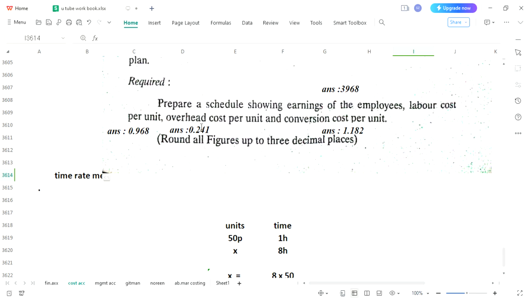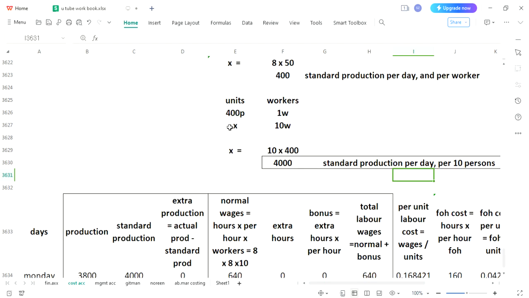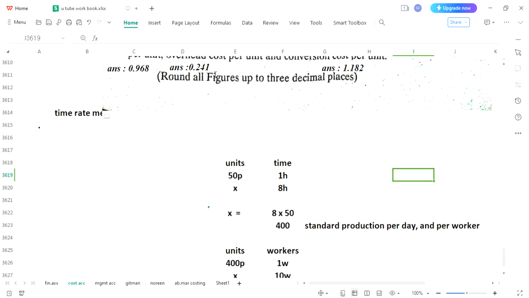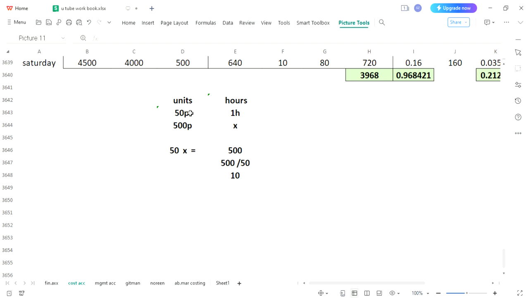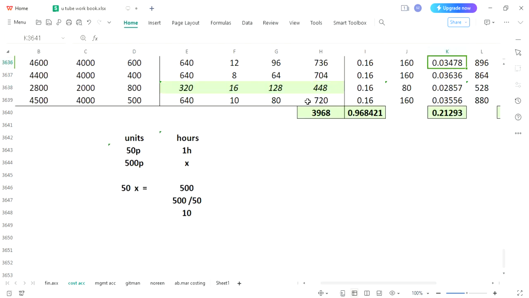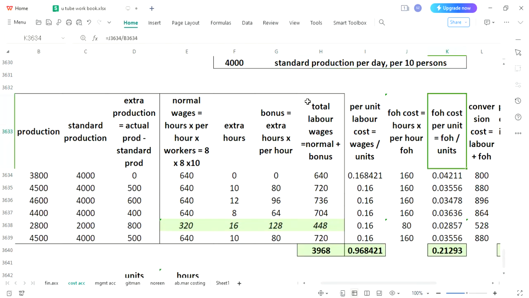Then you needed to calculate overhead per unit, and it was 0.21. Let me see. So here you have calculated your per unit FH or factory overhead cost per unit.